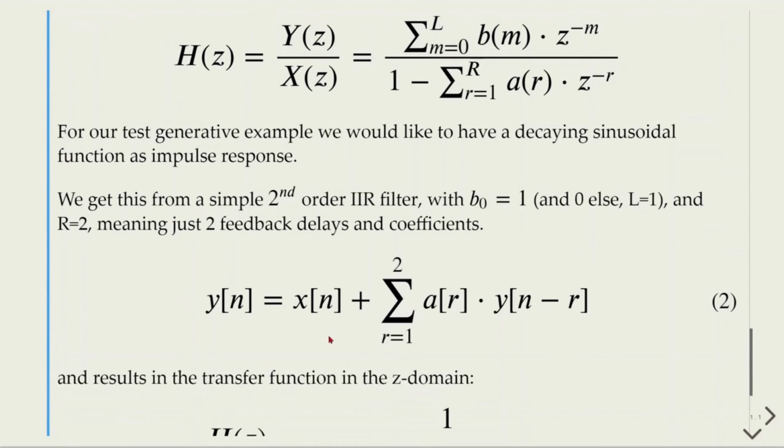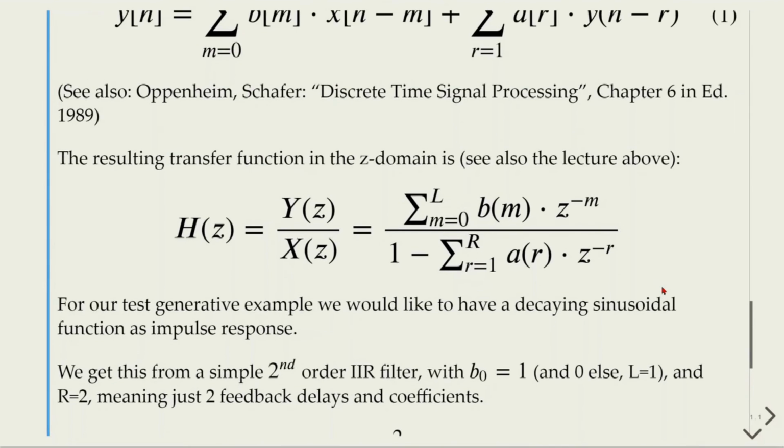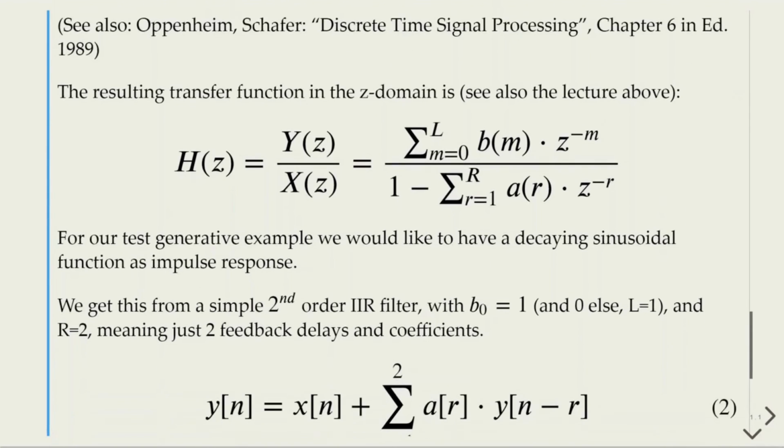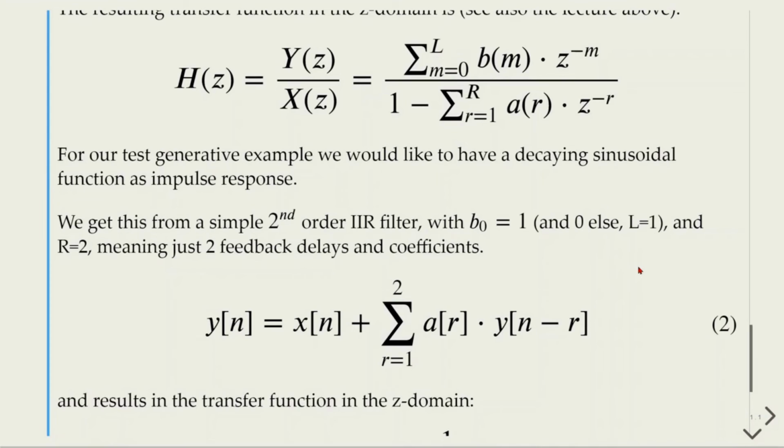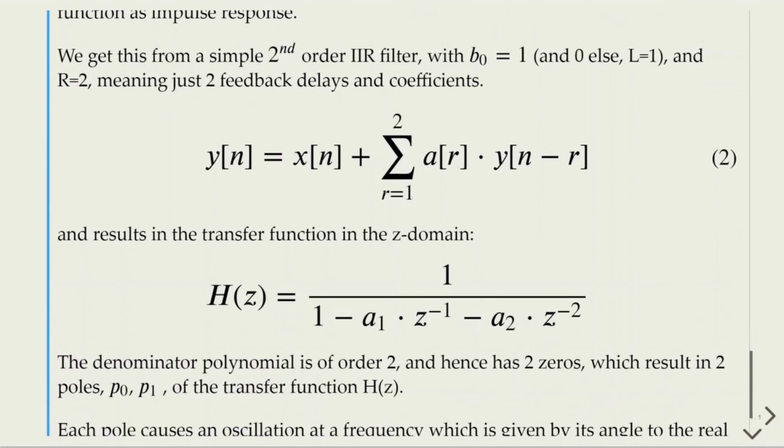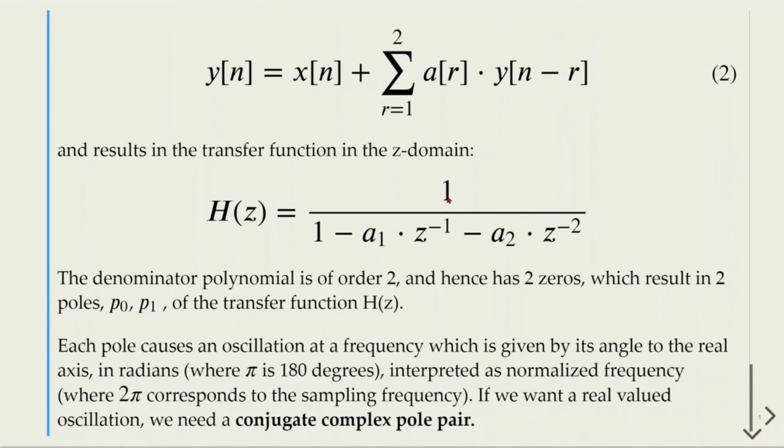Then we have this equation number 2 here. So we are setting B0 equals 1, 0 elsewhere, L equals 1, and R equals 2. And the resulting transfer function in the z-domain is then given here.